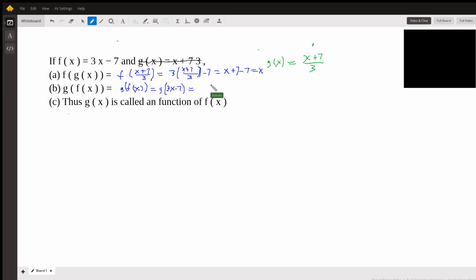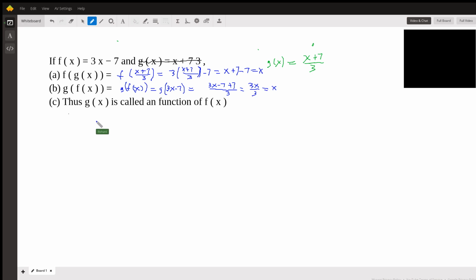So I'm going to take what I've been given, which is 3x minus 7. I'm going to add 7 to it and then divide by 3. And so now you can see that this is going to be 3x over 3. So there we are.